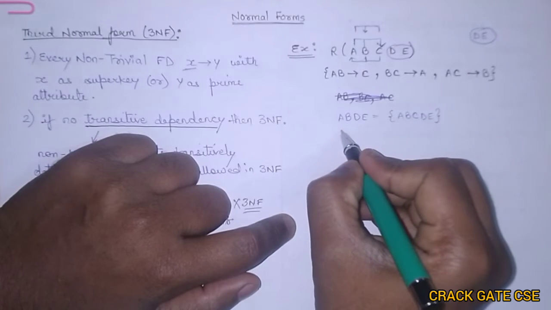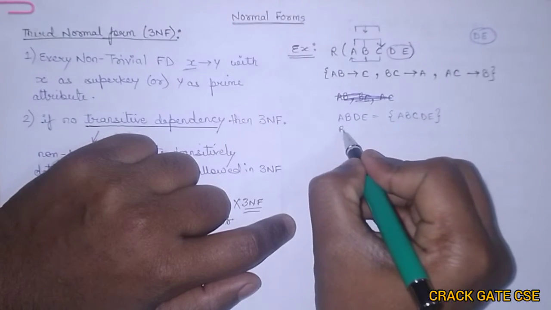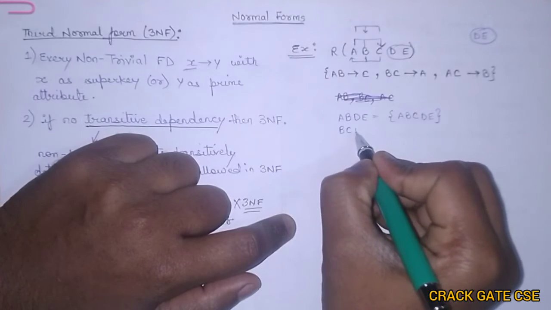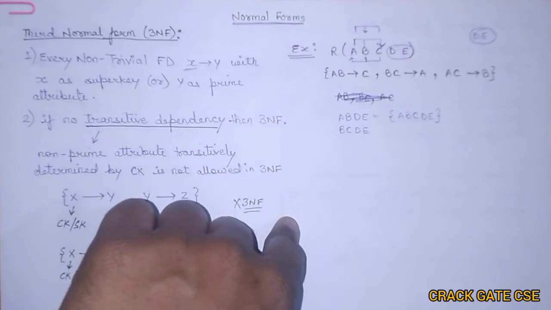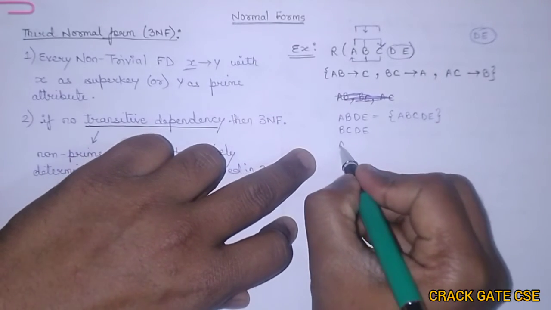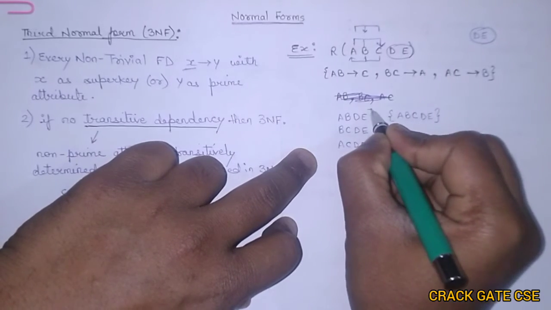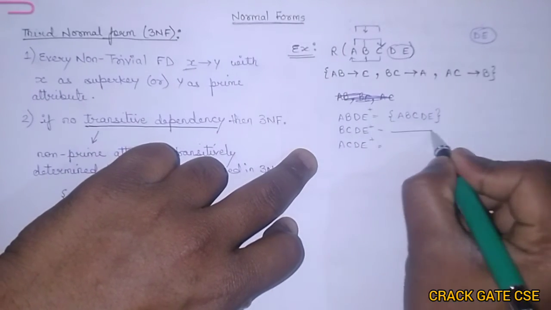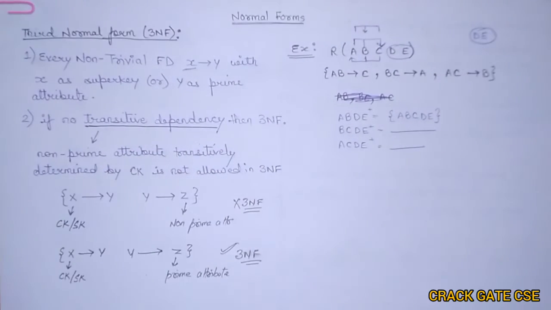This way you can find that there are 3 candidate keys: ABDE, BCDE and ACDE. These are the 3 candidate keys whose closure will give you all the elements in the relation every time.